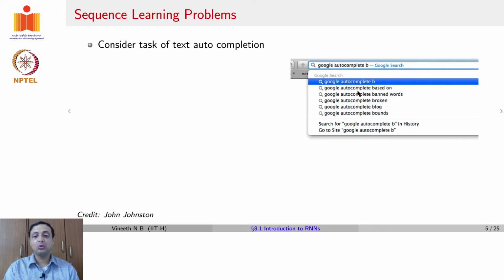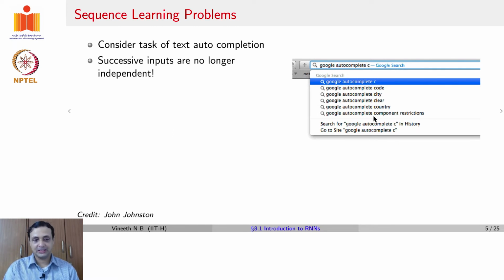If you say Google autocomplete B, you have a certain set of recommendations, and similarly for C. In such problems, successive inputs are no longer independent. To make a prediction at a particular state, you do need to look at the inputs at previous time steps. This is something that we did not need so far when we talked about feed-forward networks or CNNs.